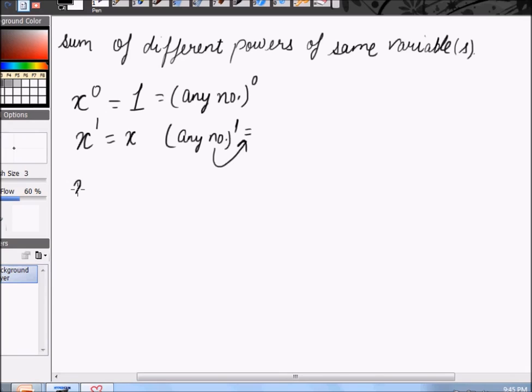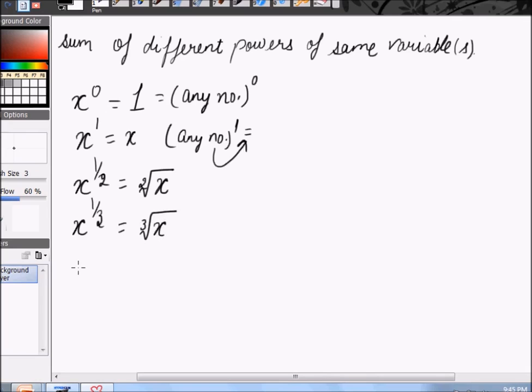Now, x raised to power 1 by 2 is nothing but the square root of x. Similarly, x raised to power 1 by 3 is the cube root of x.